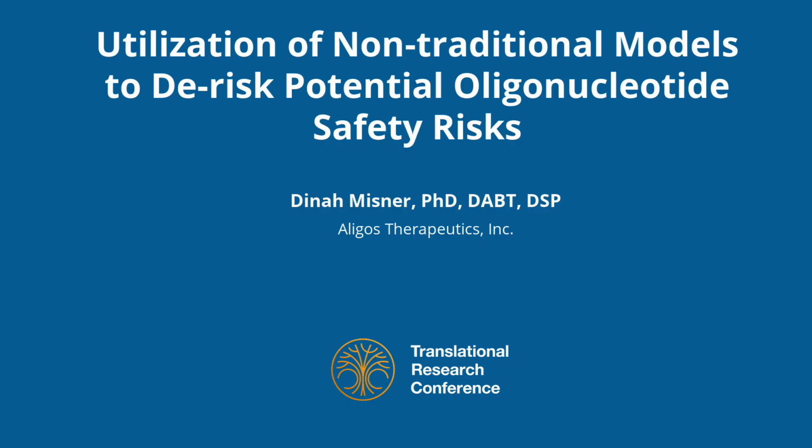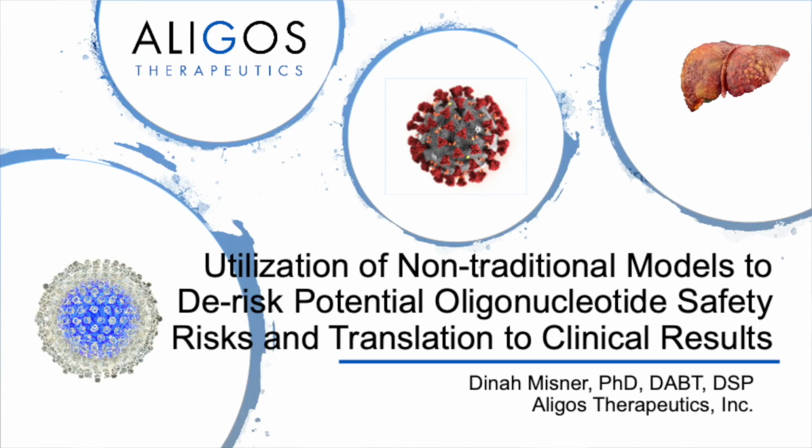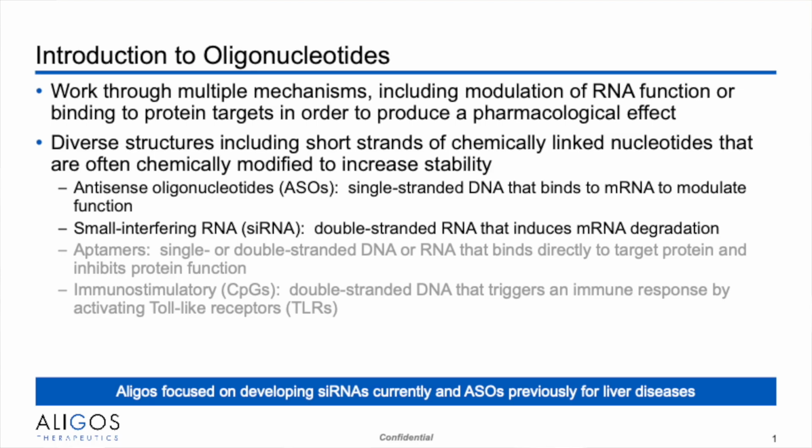So I just wanted to give a brief introduction about oligonucleotides. They work through multiple mechanisms, including modulation of RNA function or binding to protein targets to produce a pharmacological effect.